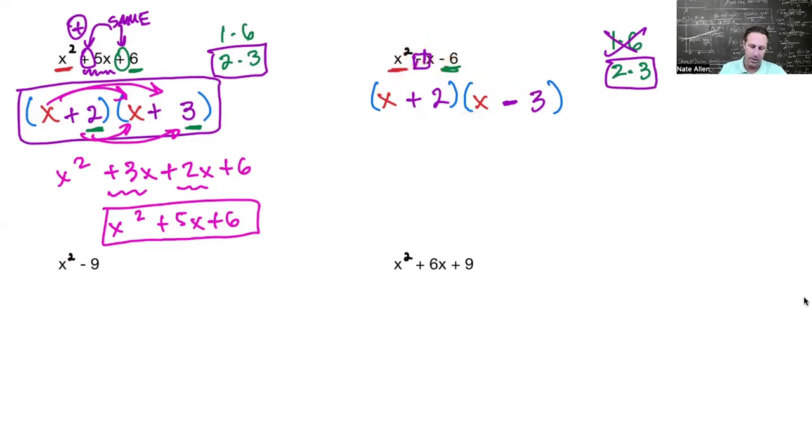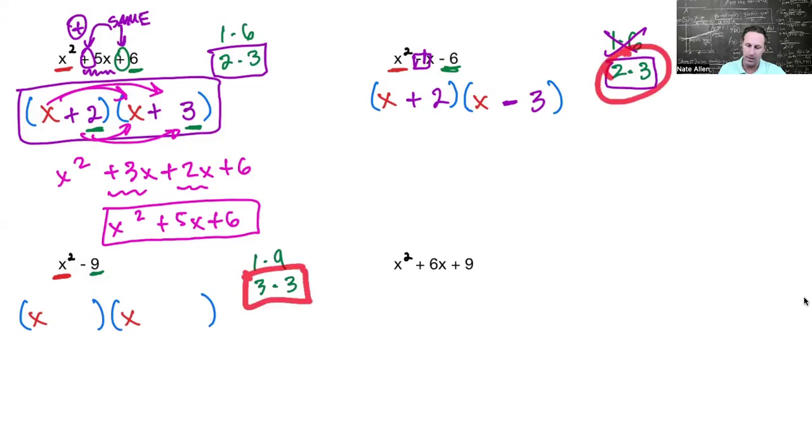But what happens when there's not a trinomial and there's only 2? Well, remember, that is when we attack it the same way, but we only have the ends. The x squared is still going to give me my x and the x. My other end for 9, I'm thinking it's probably not 1 and 9, because remember, since there is no middle term on this one with an x, I'm going to need it to zero out.